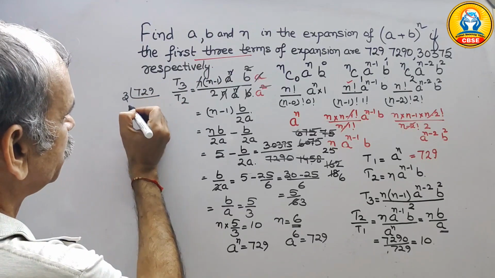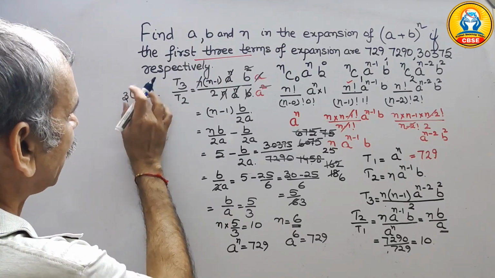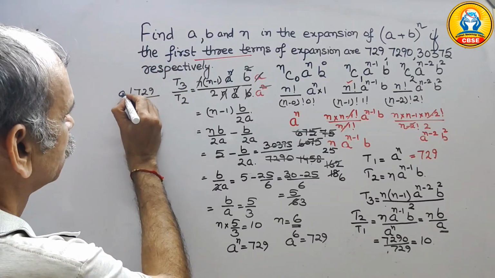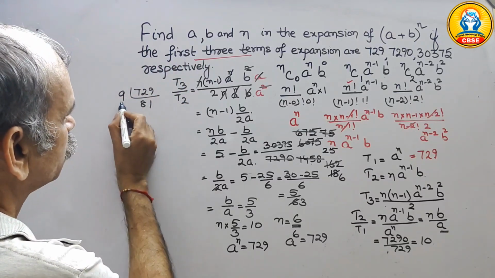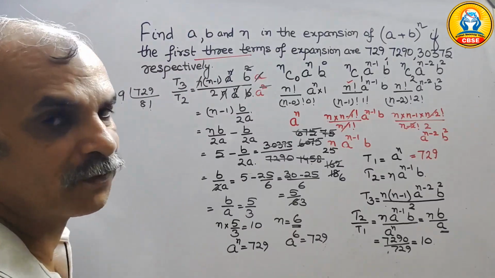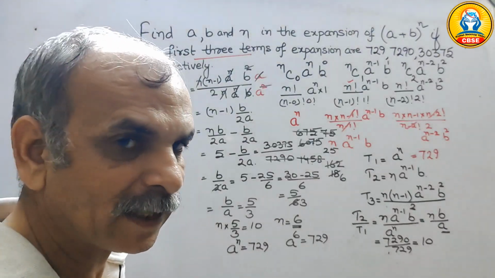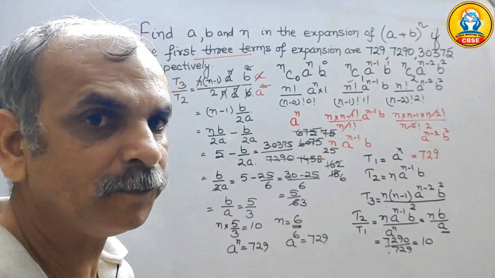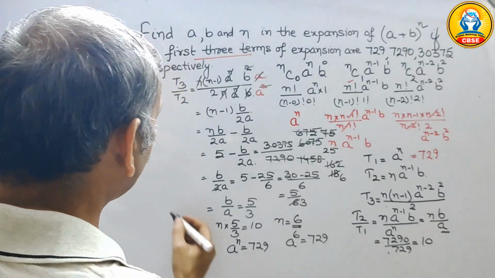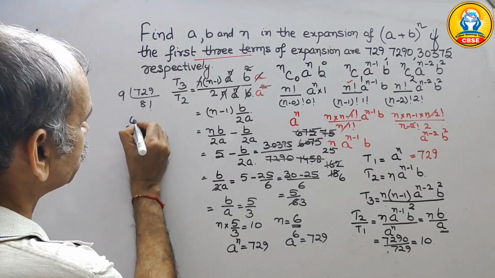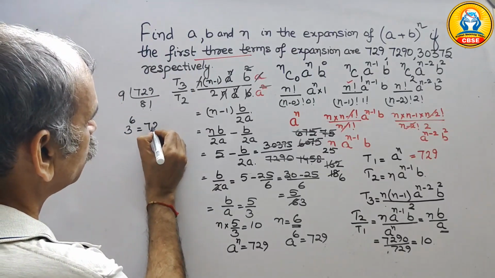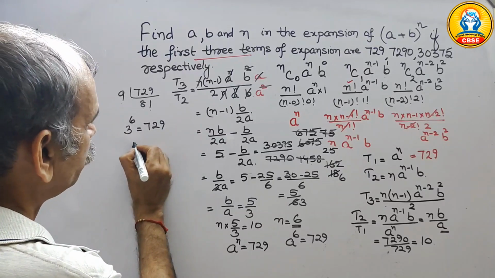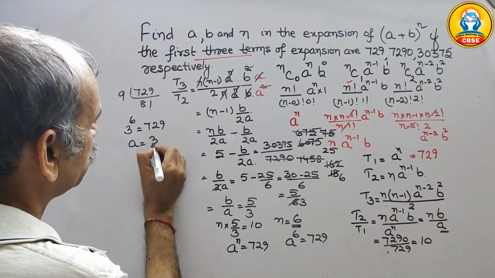So here it will be 3, or directly you can go for 9, 81. So this is 3 times of 9, that means 6 times of 3. So here we will get 3 to the power of 6 is equal to 729. So now we can say a is equal to 3.